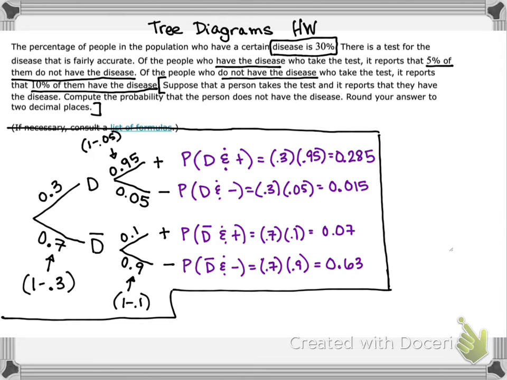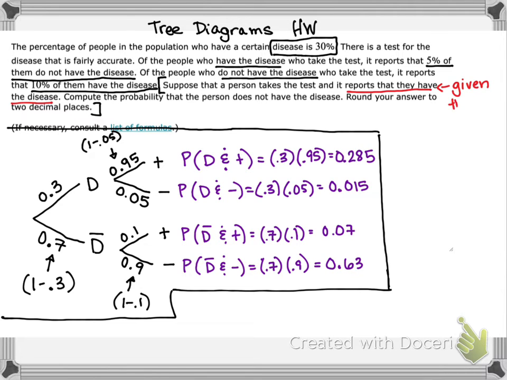Hold up. That is crucial. Given they have the disease. Excuse me. I'm sorry. It reports they have the disease. That's my fault. I misinterpreted it. Whew, this is why this problem is tricky. Given it reports they have the disease.